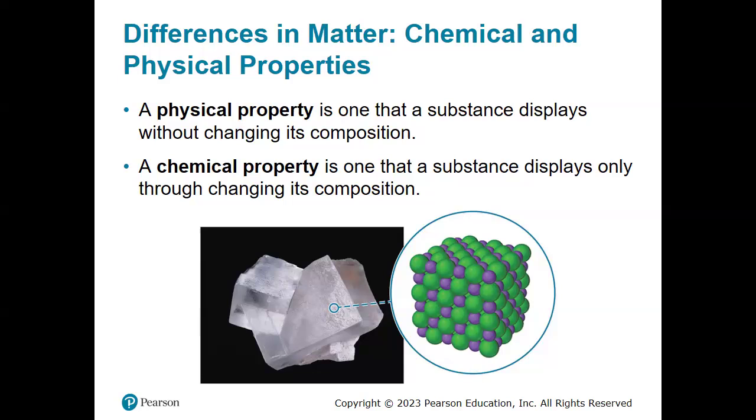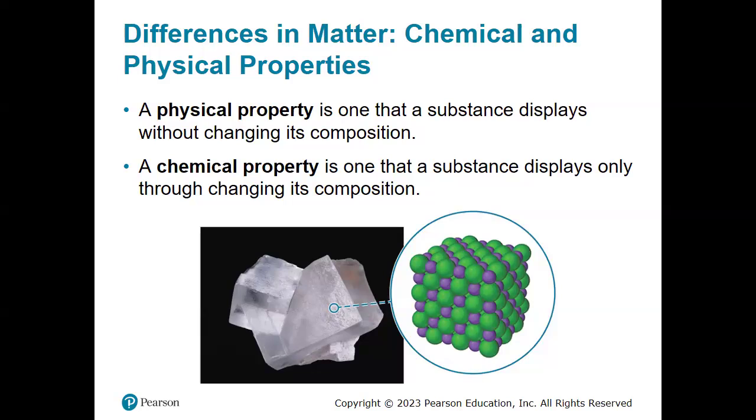Could I try to observe the acidity or the basicity of this salt crystal? Yes. And again, that would be a chemical property because in order to observe acidity or basicity, I'm going to have to do some kind of chemical reaction with it. Either expose it to litmus paper and try to change the chemistry of the litmus, or some other kind of chemical example.